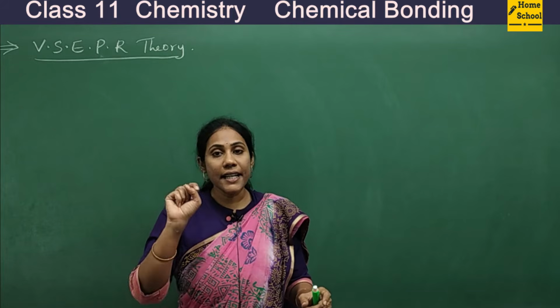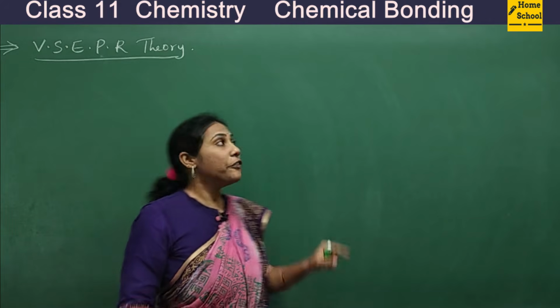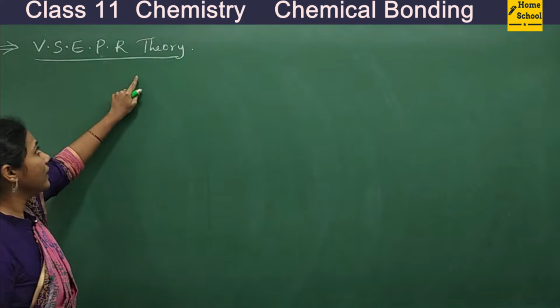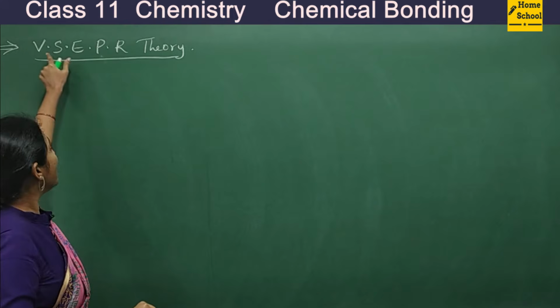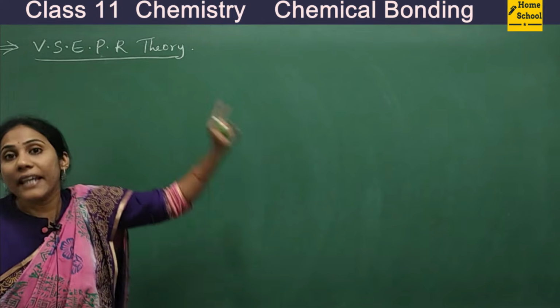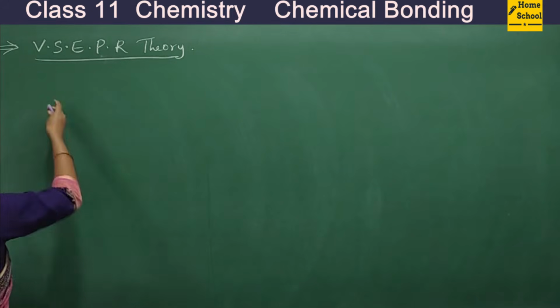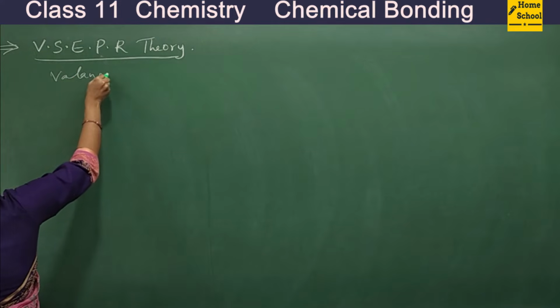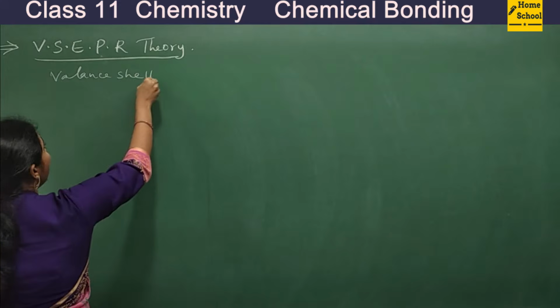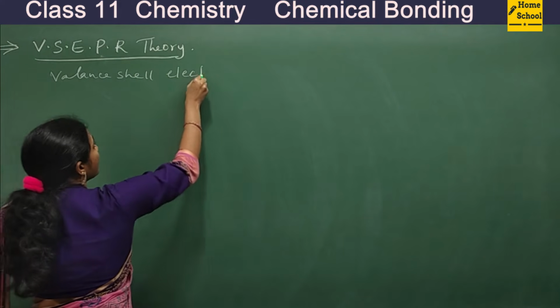First, let us understand the meaning of VSEPR. In short, we will call it VSEPR theory. So what is the full form of VSEPR? It is nothing but valence shell electron pair repulsion theory.